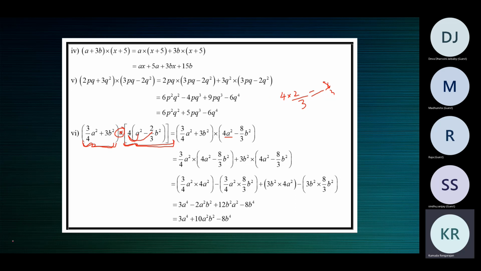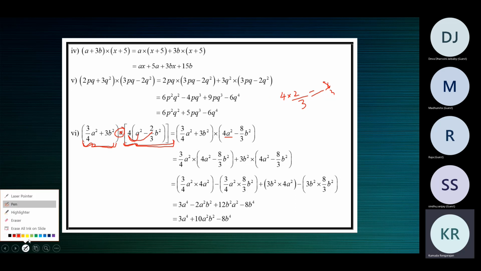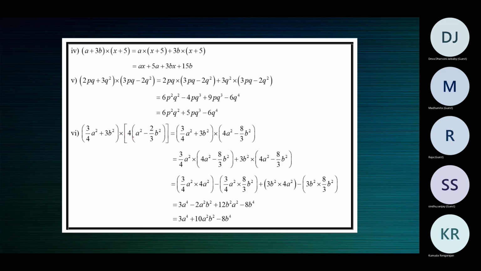So first simplify the second bracket. Four into a square is 4a square. 4 into 2 by 3 is 8 by 3, we just did that. 8 by 3 b square.